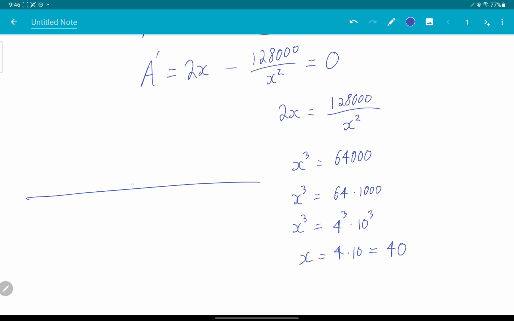Let's check that that is indeed a minimum as required. So 40. Plugging values into my derivative. If I take, say, the number 1, x equals 1, plug it in here, I'm going to have 2 minus 128,000, which is quite negative.